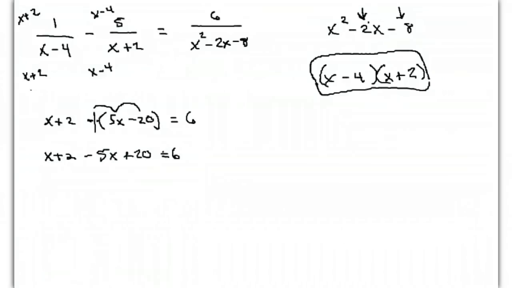And so, what are your like terms on the left side? x and negative 5x, so that gives you what? That's a negative 4x. What else is a like term? 2 and 20, so that gives you a positive 22, equals 6.